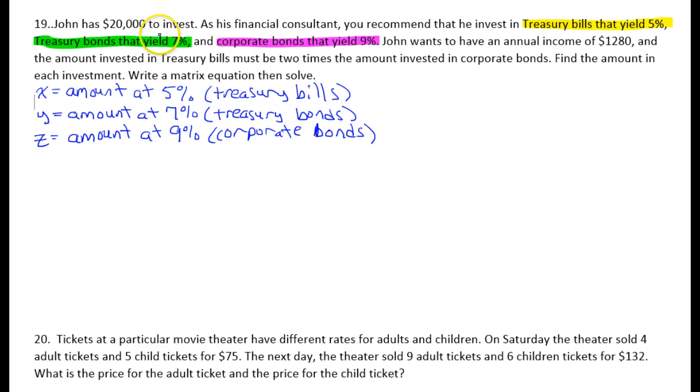Okay, what kind of equations can we make? Well, he has a total of $20,000 to invest. So that gives me one equation right there. Okay, x plus y plus z must add up to $20,000.